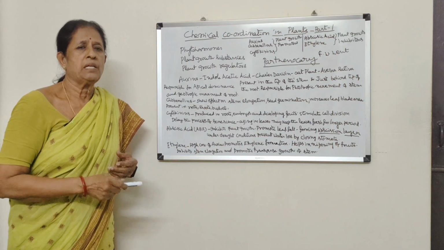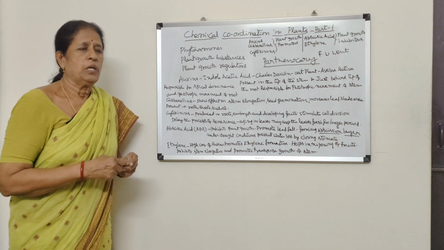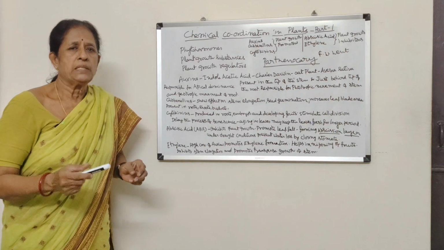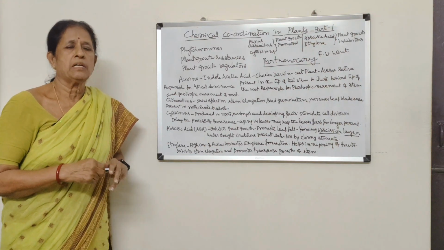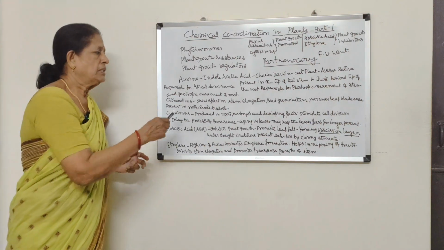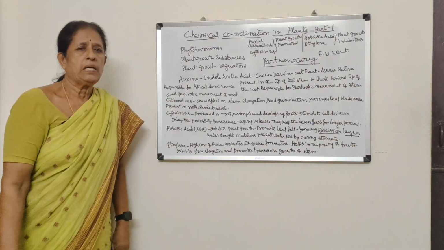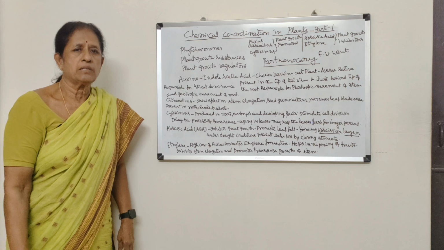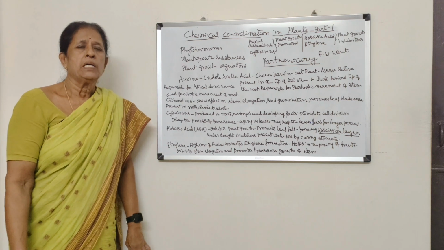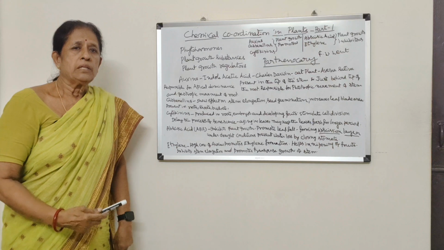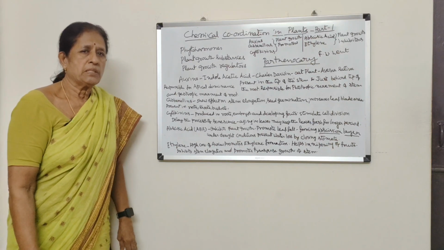The auxins are removed and the lateral branches will grow. So when the auxins are there, lateral branches are suppressed and do not grow. Such a phenomenon is called apical dominance.